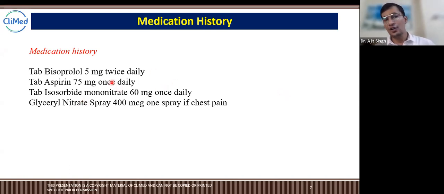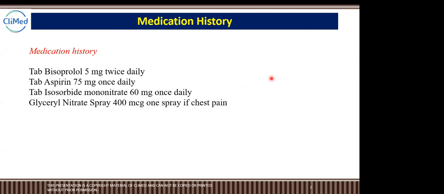Okay, I'll not go to aspirin; everyone knows aspirin. Now tell me, guys, what is the major side effect of isosorbide mononitrate and what is the precaution? Normally, not in heart failure, not anywhere in particular. What is the tolerance?